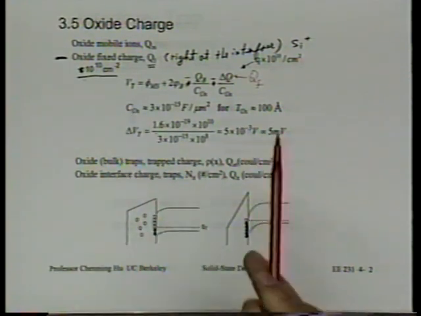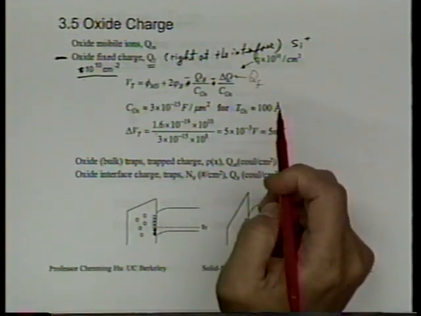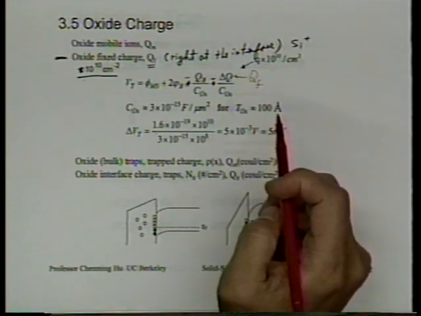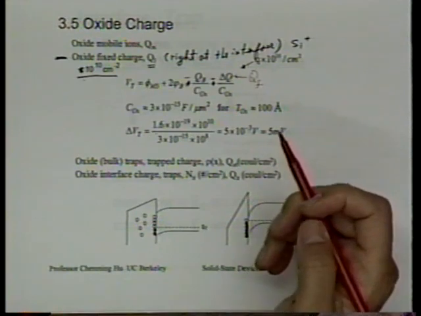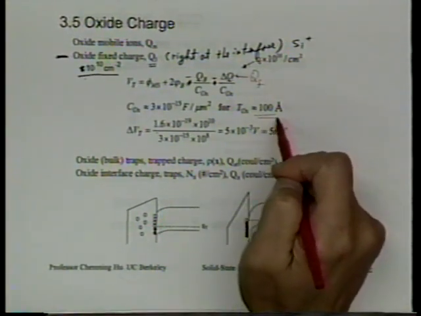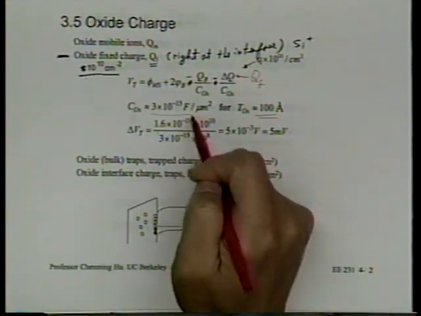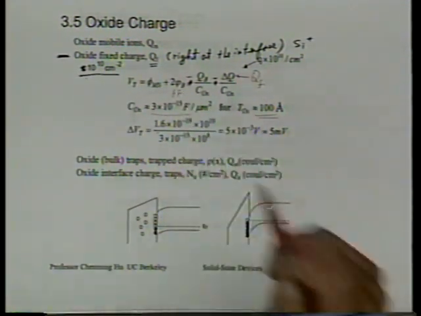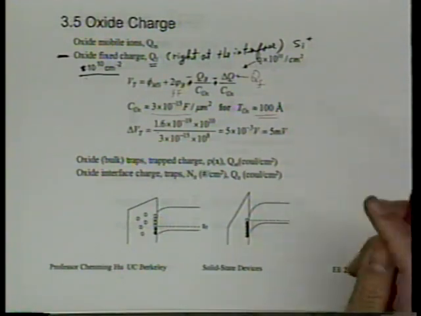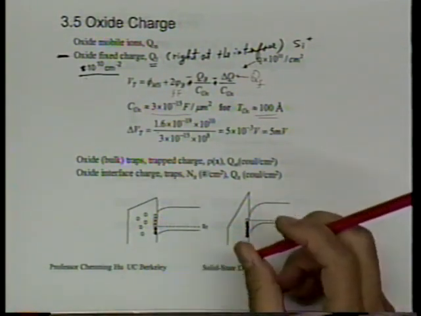Well, this is what I kind of remember. You don't have to memorize it this way, but for 100 angstrom of oxide, you get 3 femtofarad, okay, 10 to the minus 15 is femtofarad. 3 femtofarad for 100 angstrom of thickness.